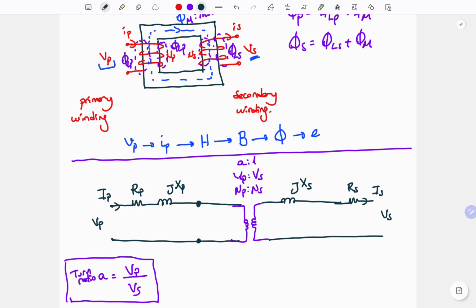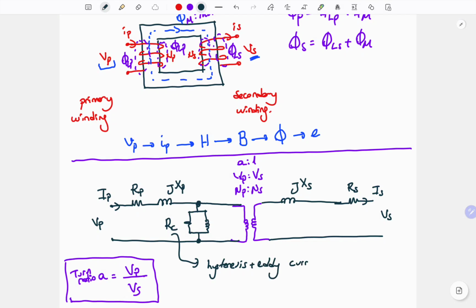And for this parallel branch, we have two components. They will be a resistance and one more reactance. Resistance is the RC, which represents the core losses inside the transformer, and these are hysteresis and eddy current.